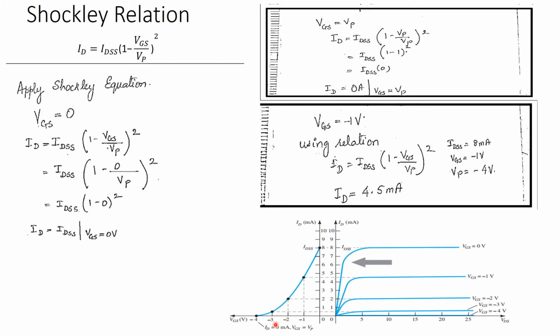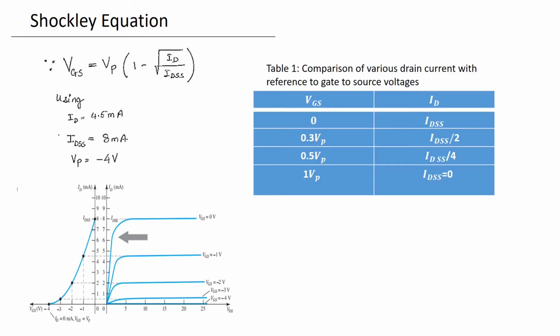Consider the situation when VGS is minus 1 volt, the current obtained is 4.5 milliamperes from the graph here. The fourth case, when VGS is minus 4 volts, the maximum drain current can be yielded.